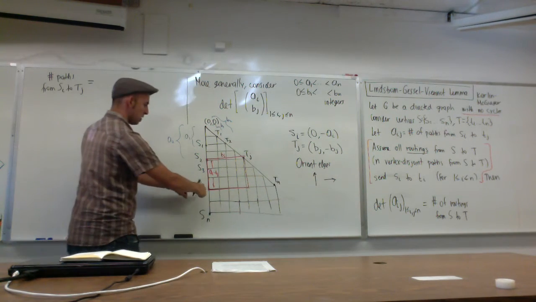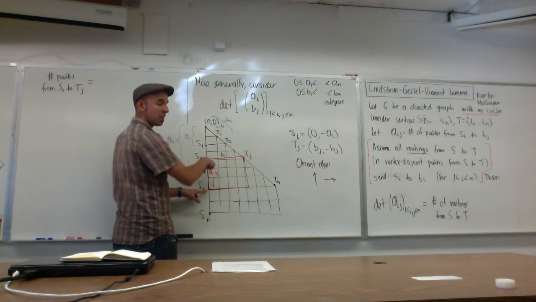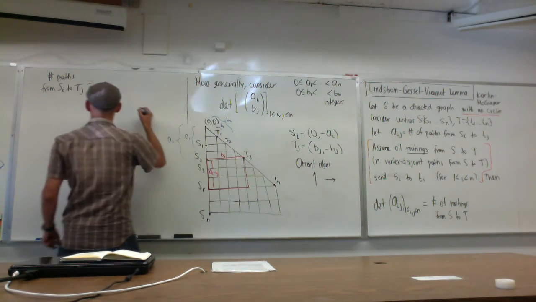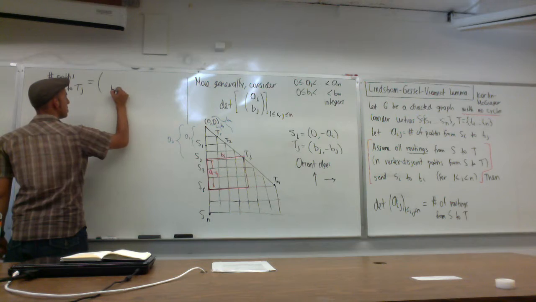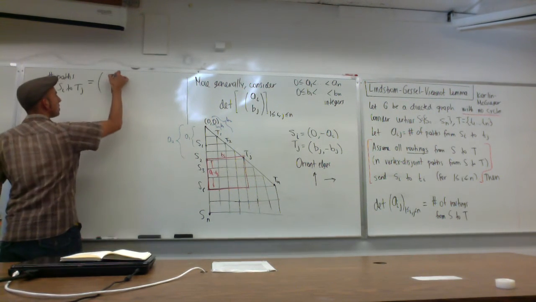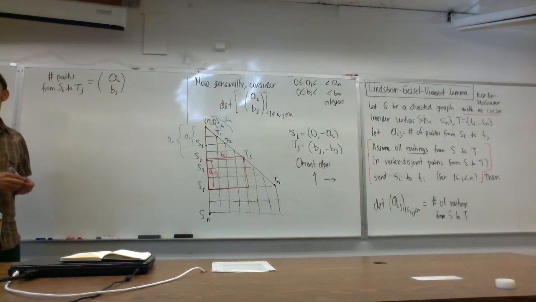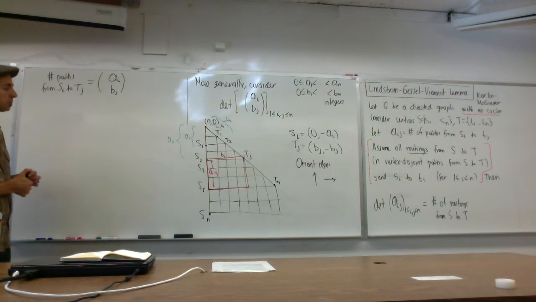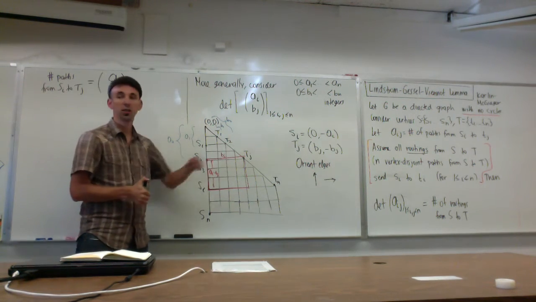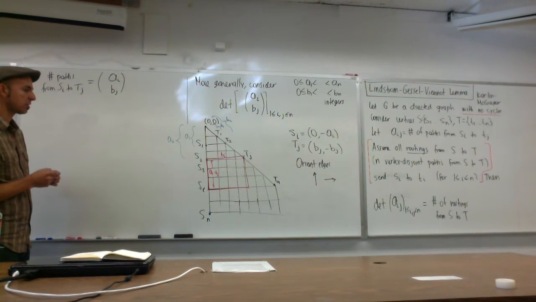Well, to go from here to here, I need to take Ai steps, Bj of which are right. I need to take Bj steps to the right and Ai minus Bj up. So the number of ways of doing that is Ai choose Bj. So the number of paths from here to here is just a simple binomial coefficient.